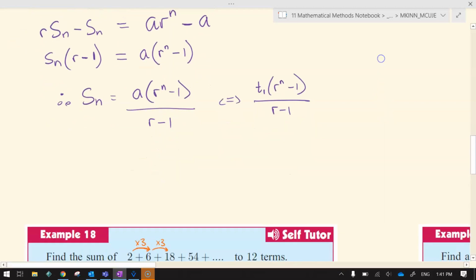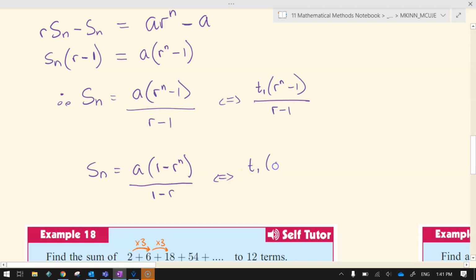There's an alternate way of writing it, and I'm going to mention it because it can make our life easier in some instances. If I just multiplied the top and bottom of that right-hand fraction by -1, I would get that expression: A times 1 minus r to the power of n, divided by 1 minus r.